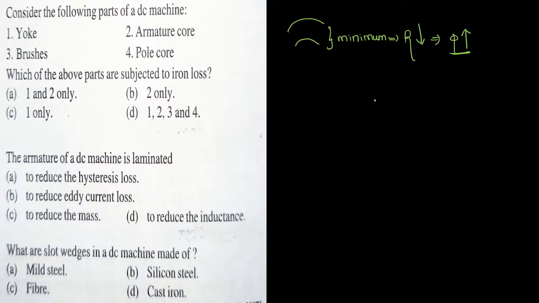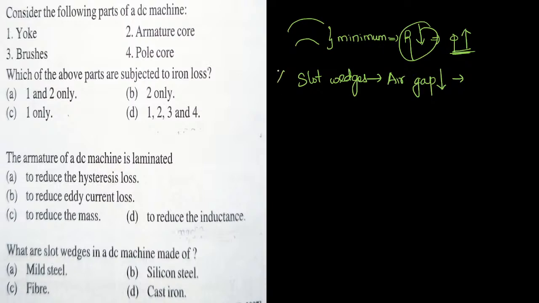And if you provide slot wedges, the beauty of these slot wedges is that it will help us to reduce the air gap. If the air gap is reduced, reluctance will become minimum, and flux can be uniformly transmitted easily from stator to rotor or rotor to stator.